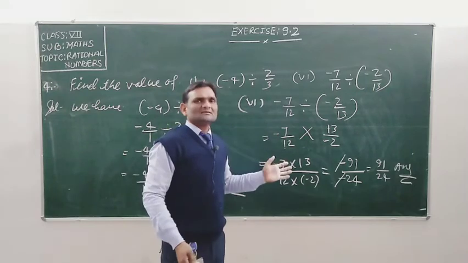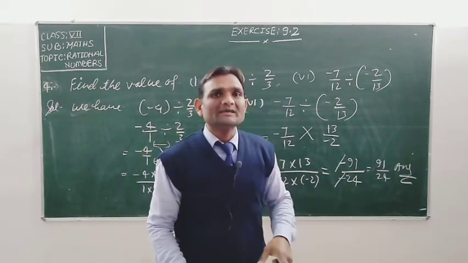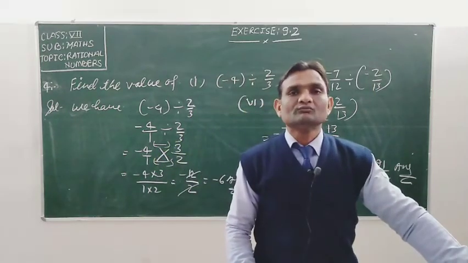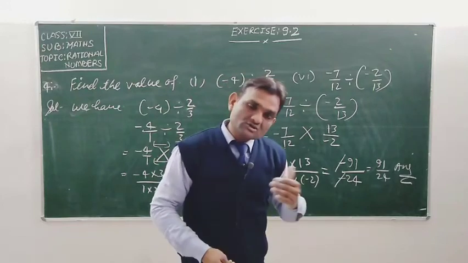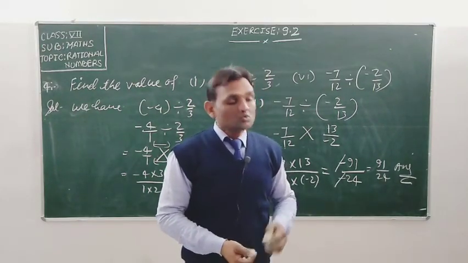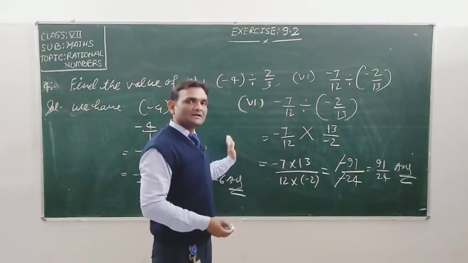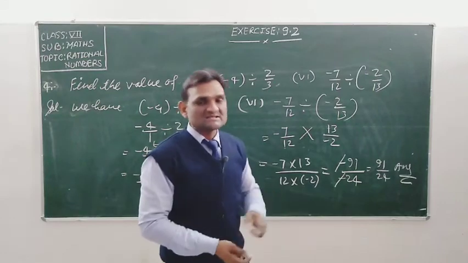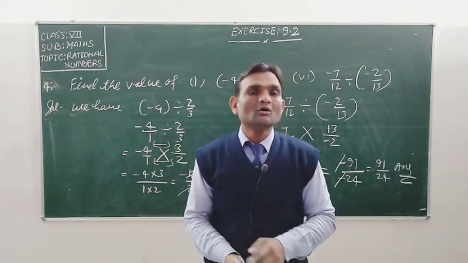According to the fraction rules you will apply in exercise 9.2 for rational numbers. जैसे आप फ्रैक्शन को ऐड करते थे, मल्टीप्लाई करते थे, सब्ट्रैक्ट करते थे, डिवाइड करते थे, उसी तरीके से आपको रेशनल नंबर को भी ऐड करना है, सब्ट्रैक्ट करना है, मल्टीप्लाई करना है, डिवाइड करना है. But the fraction chapter and integer chapter you have to know very well.